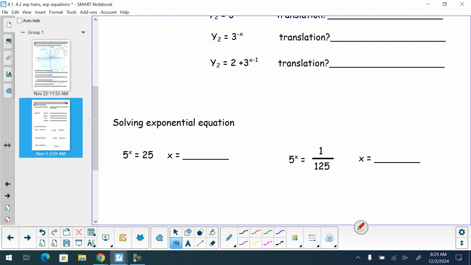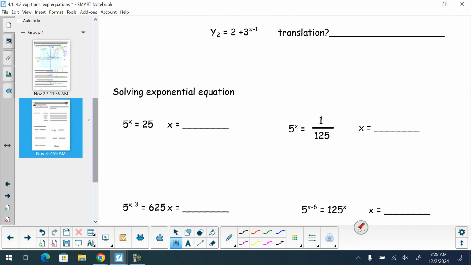So I'm not going to go through this. I'm going to come down here to the bottom and solve some exponential equations. If I ask you 5 to the x is equal to 25, and I want you to solve for x, I would hope that with your math knowledge up till now, you'll be able to figure out what value of x I need to put in so that when I take 5 to that power, I get 25, which would be what? 2.